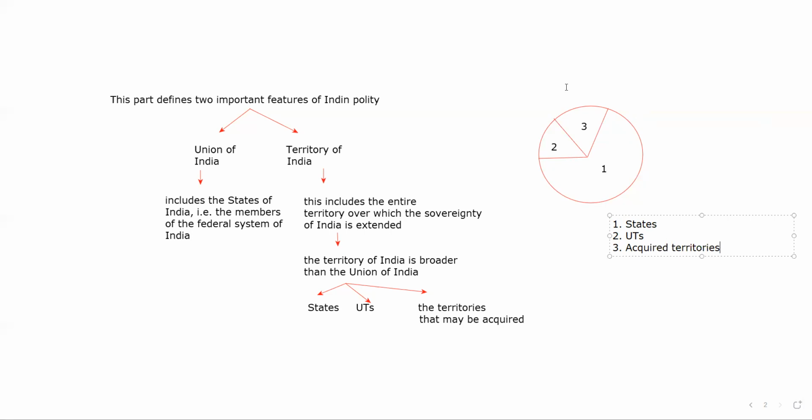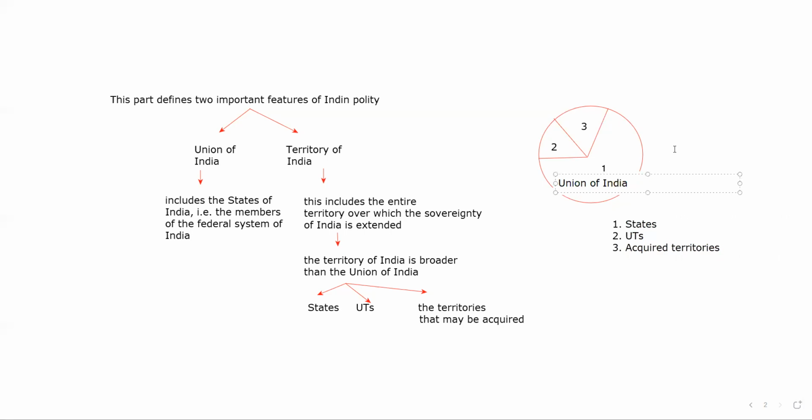This entire red circle is the territory of India. And if we speak about the states of India, then only number one. By Union of India, we mean only number one.